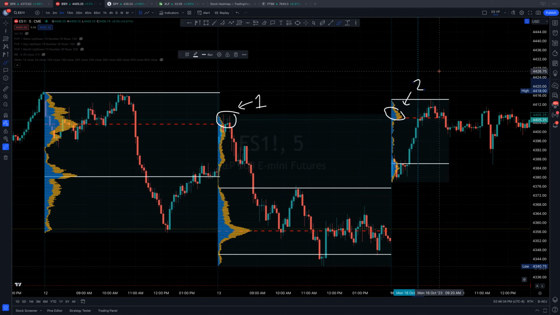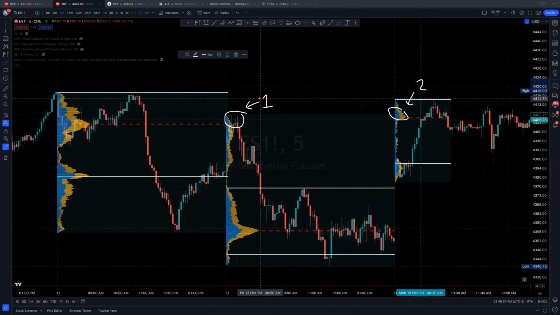Can anybody tell me what's the difference there? Correct. This is basically a market rejection right here.